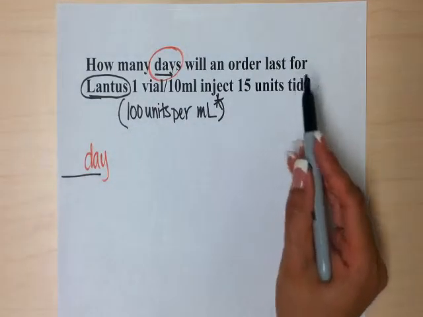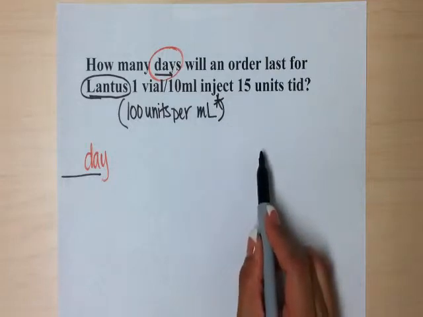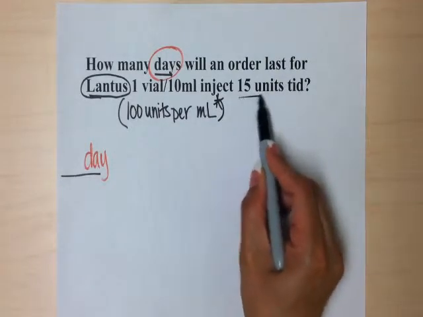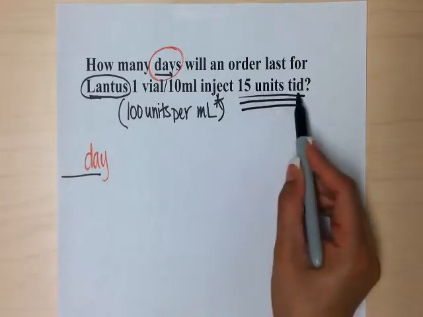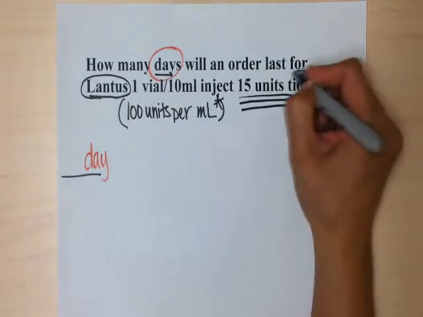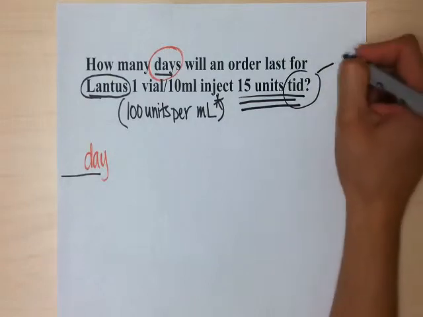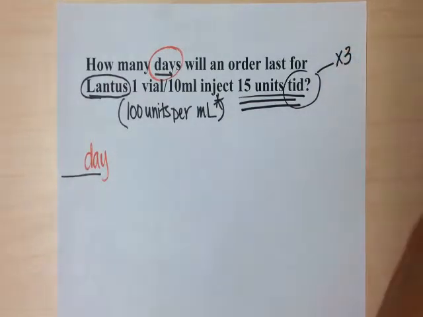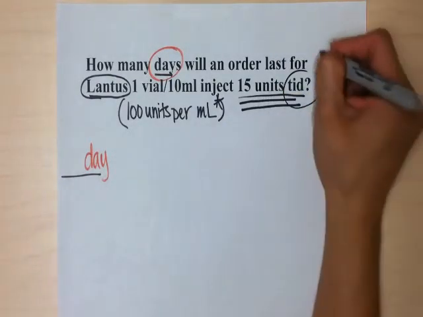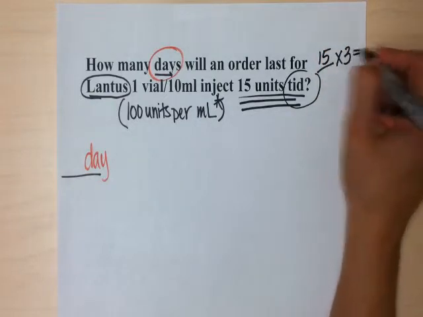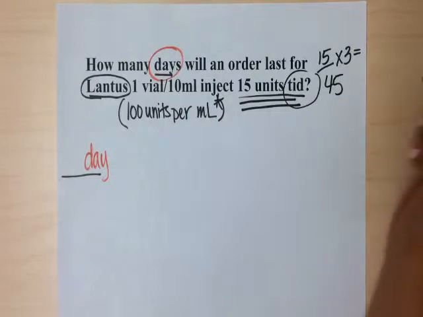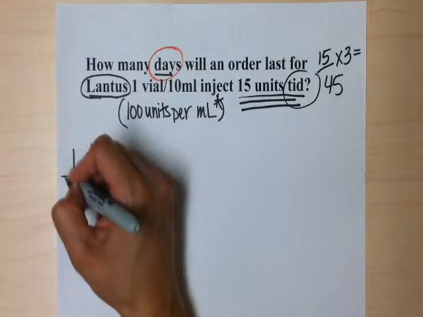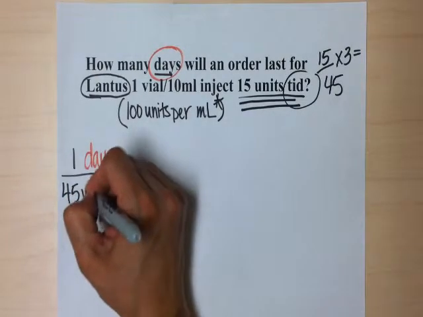You have to think through this, and it's tied to the dose in a day. You see this 15 units TID? You have to know that TID is 3 times a day. So if they're using 15 units 3 times a day, that's a total of 45 units in 1 day. So back to our equation, in 1 day the patient will be using 45 units.